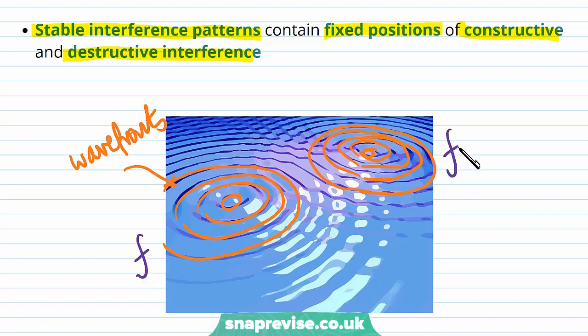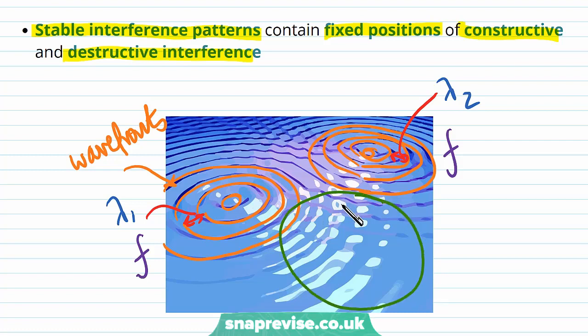So the waves produced here have the same frequency f, and they each also have a particular wavelength. And remember, the wavelength is the distance between the wavefronts. So for example, here we have a wavelength lambda 1, and then here we have a wavelength lambda 2. These two waves are able to interfere with each other. Here we can see that they overlap and we have an interference pattern.